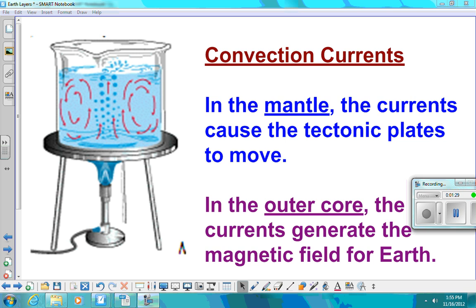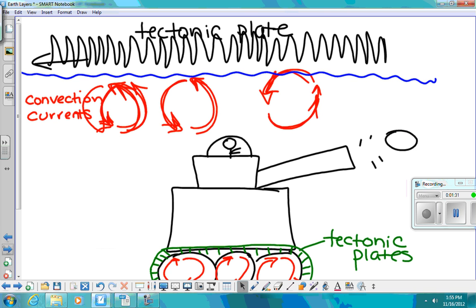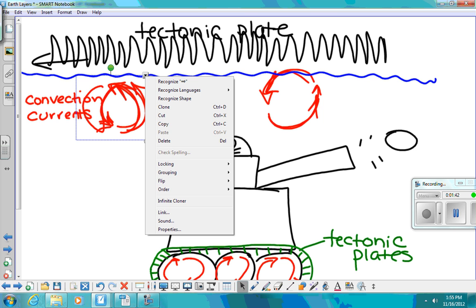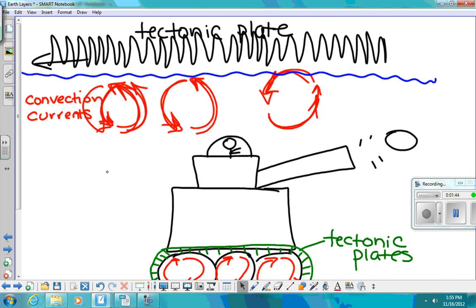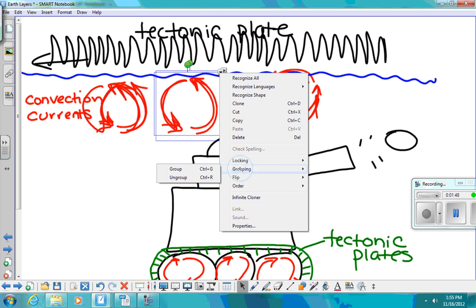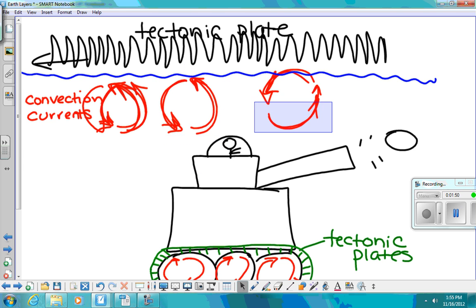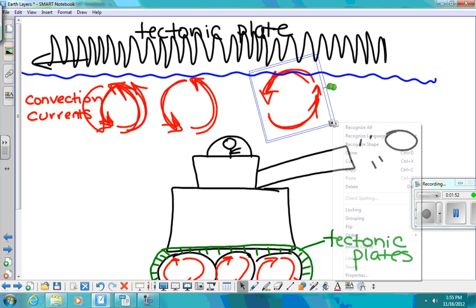Okay? On the next page here, I want to demonstrate how convection currents, when they're spinning, move these tectonic plates.